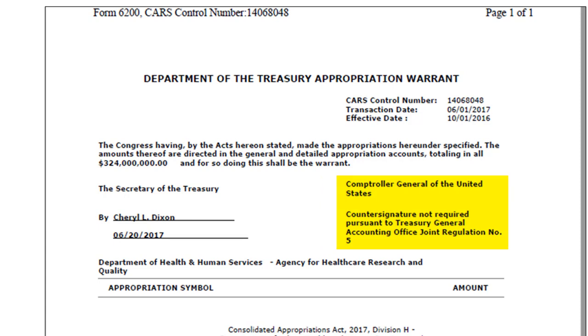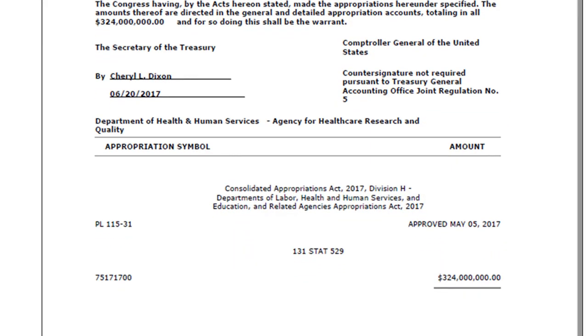In the past, GAO had the responsibility of co-signing the warrants, but this was changed based on a joint regulation number 5 between Treasury and GAO. This statement documents that agreement. The receiving agency and bureau. The appropriating legislation, in this example, the public law.